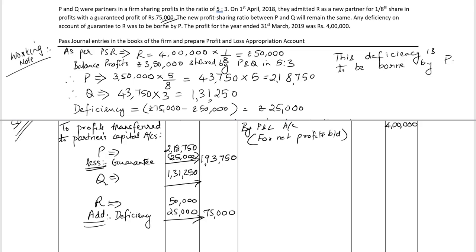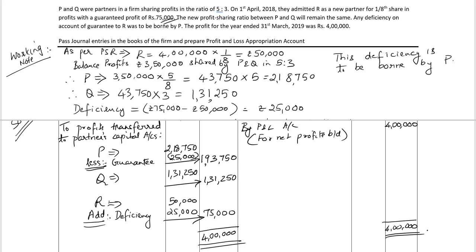Q's remains the same as 1,31,250 rupees. Now we'll total up the account, rupees 4 lakh.